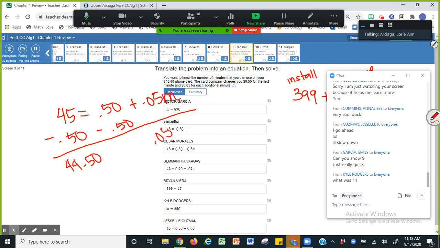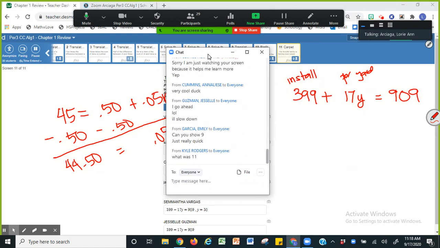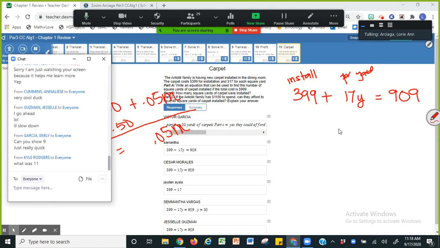Equals 0.05m. So whatever you get, just divide 44.50 divided by 0.05. What was 11? Okay. What was 11? 11 is over here, on the right-hand side. So the working equation is this one. And then you just subtract 399 from 909 and then divide by 17. Okay.